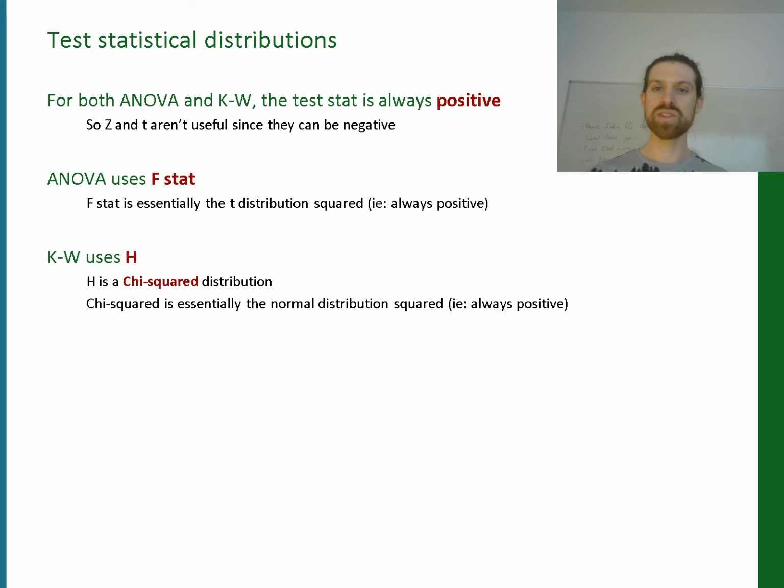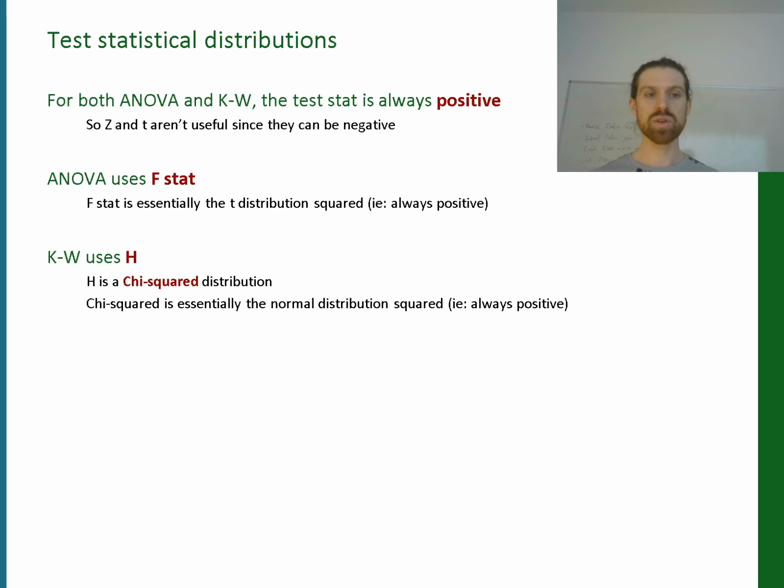There are differences, though, with the other tests. For both ANOVA and the Kruskal-Wallis, the test statistic is always positive, which means that we can't use the distributions that we've used in the previous examples. The Z distribution or the T distribution aren't useful here because they can be negative, since you're thinking about the number of standard deviations around the mean.